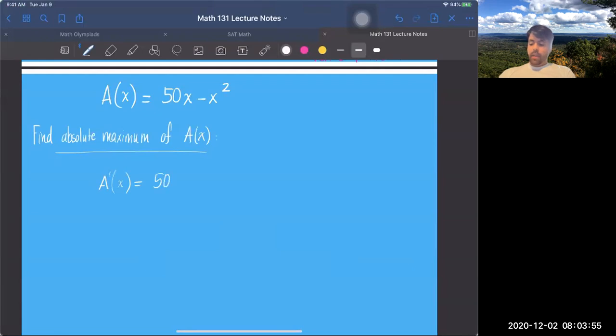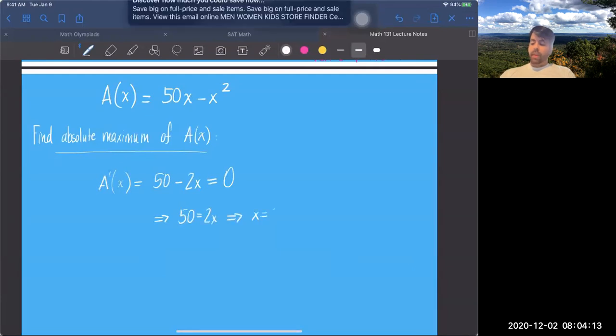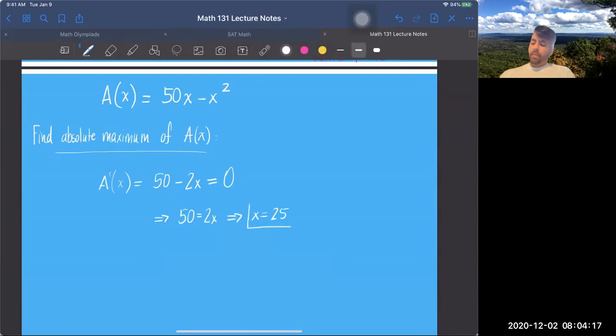So what's the derivative? I got 50 minus 2x, and then what do I do? I set it equal to 0. And then what do I say? I solve for x, so then I get 50 equals 2x, which means that x is equal to 25. What is this called?